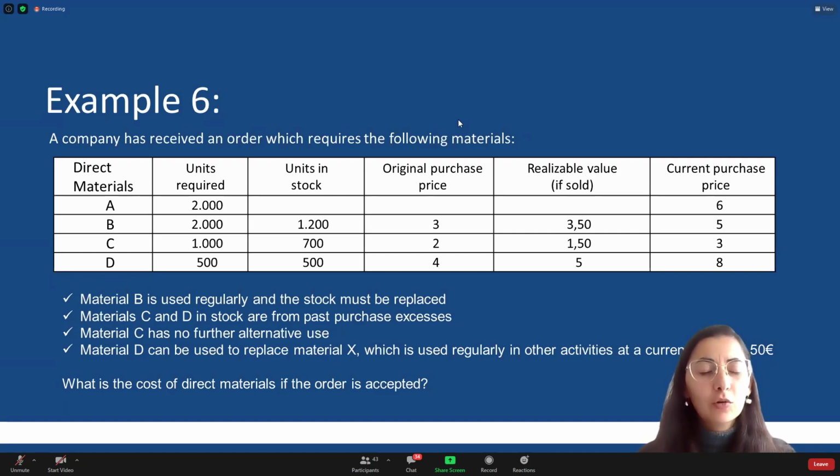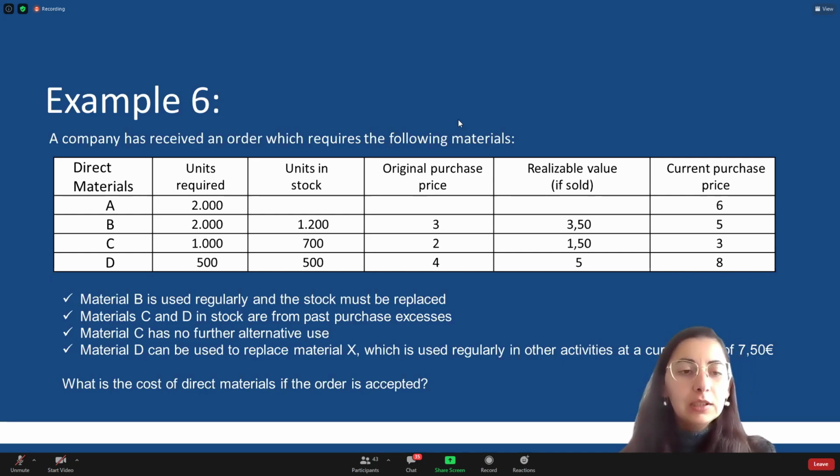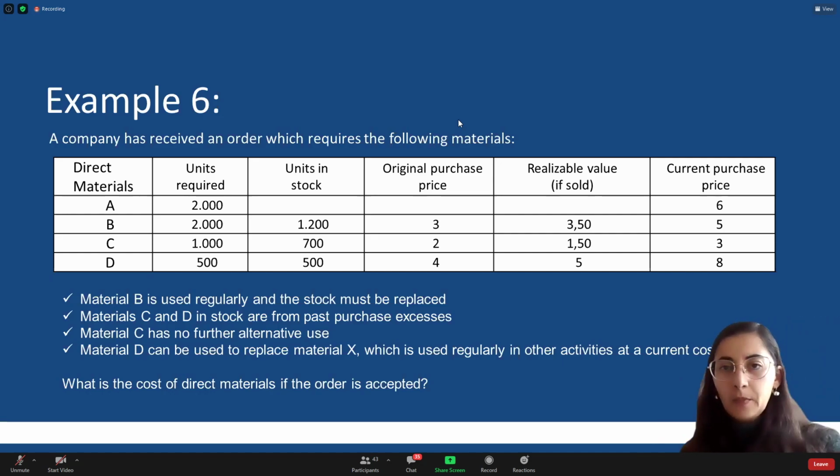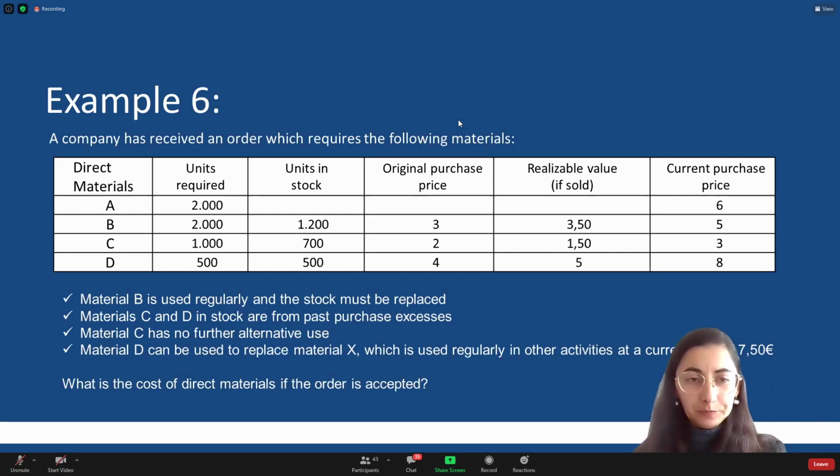Yep. So let's now go to material D. So material D, we need 500 units and we have 500 units in stock. What do they say? That material D can be used to replace material X, which is used regularly in other activities at the current cost of 7.50. So for material D, we have all of the units that we need in stock, and it can have different alternatives.